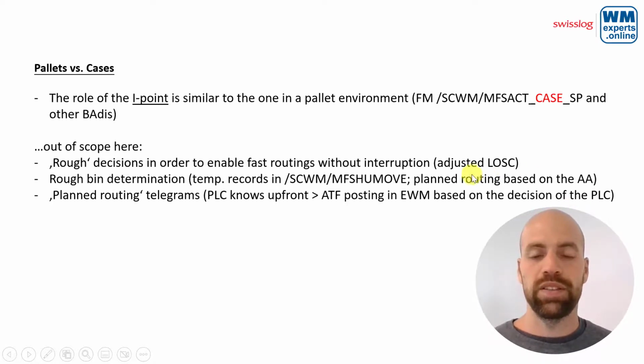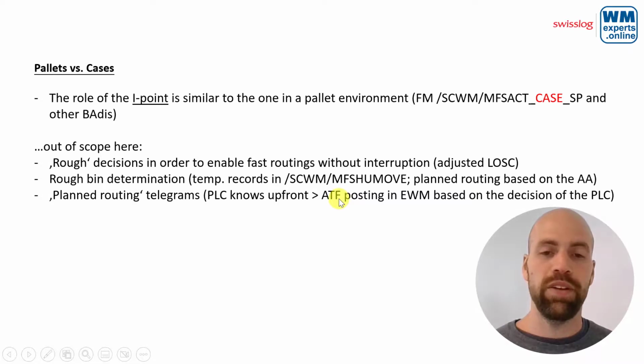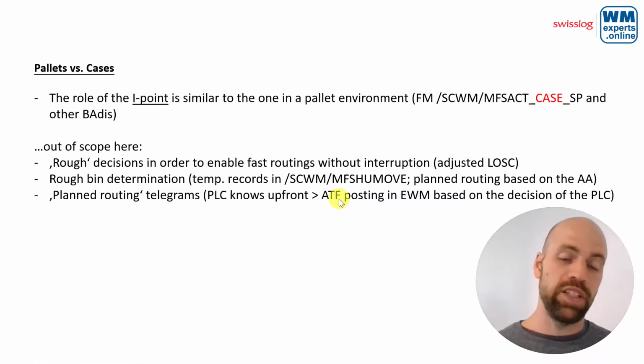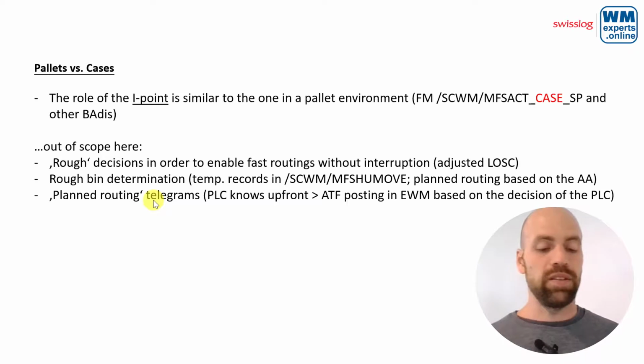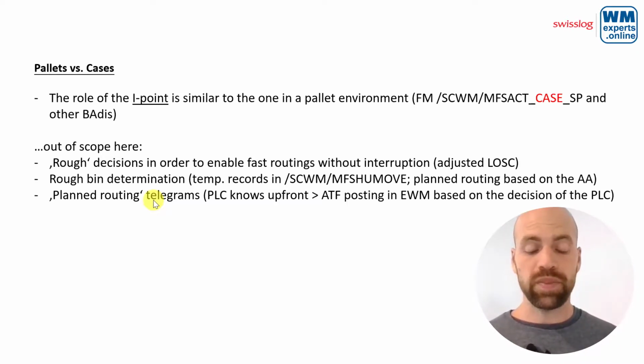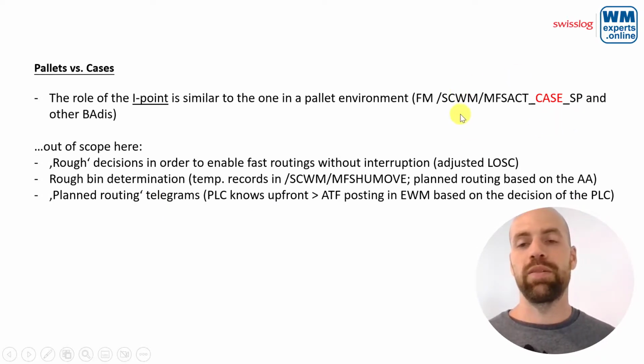And there's a fundamental difference to the pallet routing in terms of the sequence of steps, but in general, the role of the I point is similar to the one in the pallet environment. And we have a different function module and we have different BAdIs, and we have slightly adjusted concepts here, but in general, the steps that I explained before, what actually happens at the I point and what are the different steps and what are the responsibilities of the subsystem and what are the ones of EWM and what is happening within the function module for telegram processing in general, that's similar between pallets and cases.